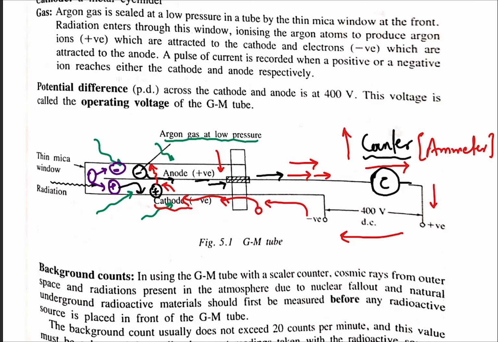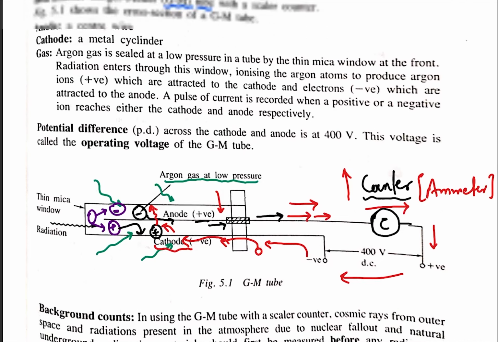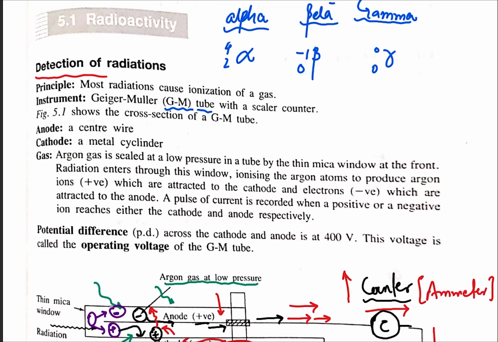So the counter is giving us a direct relationship showing whether we are receiving high radiation or less radiation. Keeping all of these things in mind, this is how we detect radiation.